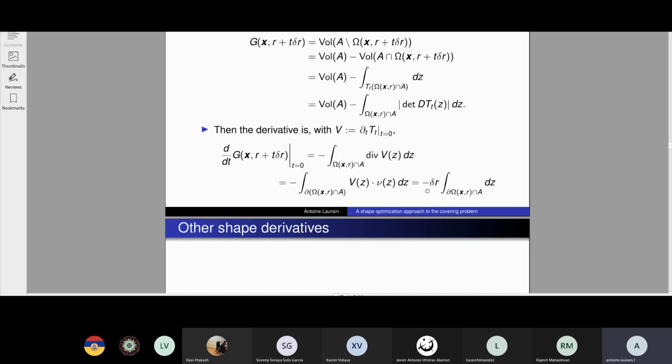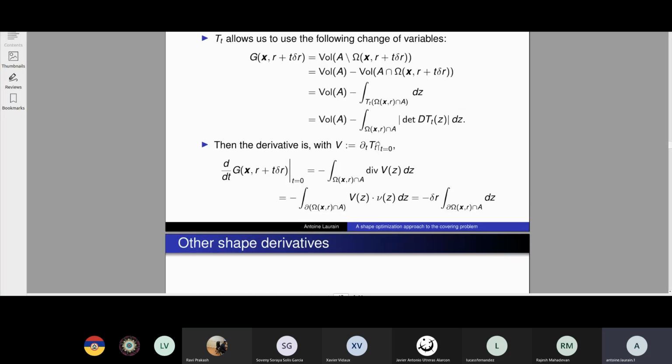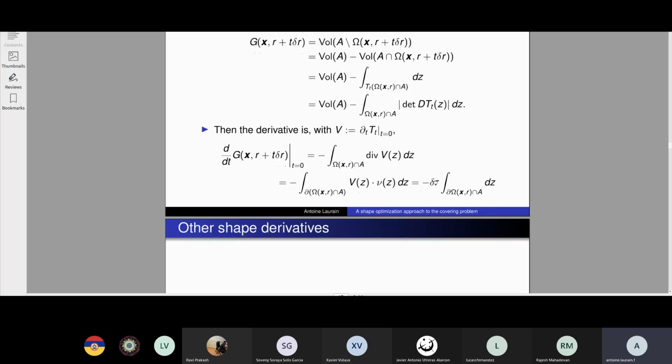The reason is that we have an explicit construction of this capital T, and then you can just compute the derivative, and you're going to see that v scalar nu is equal to delta r. It's logical in a way, because the velocity of the perturbation is just the perturbation in the normal direction when you make a perturbation of the radius, right?